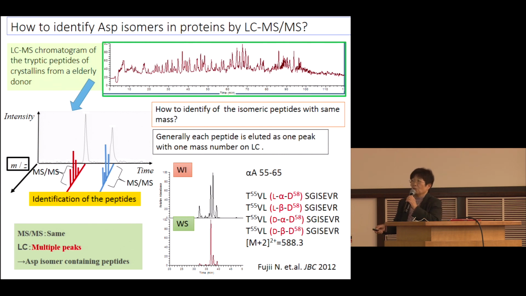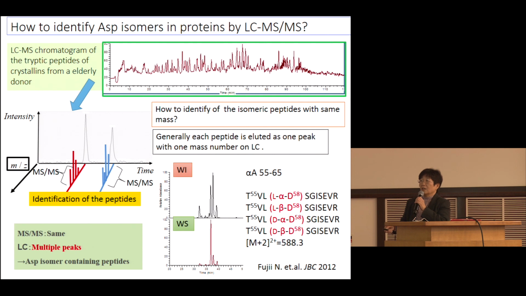TVLDSGISQVR means threonine, valine, leucine, aspartic acid, serine, glycine, isoleucine, serine, glutamine, valine and arginine. These peptides have the same mass but multiple peaks on the LC because there are 4 isomers, L-alpha, L-beta, D-alpha, D-beta at ASP58.